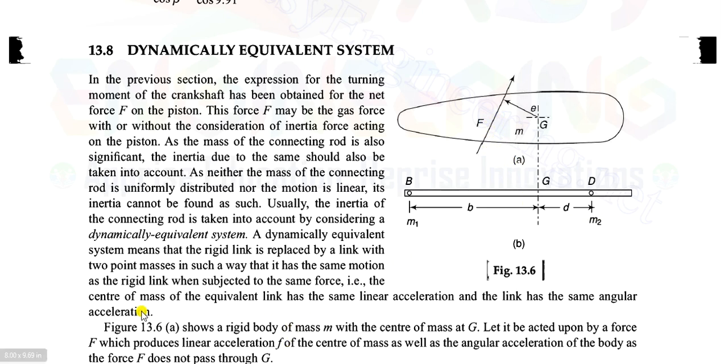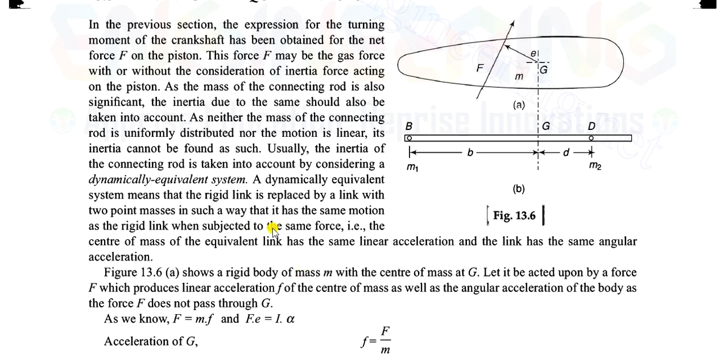The equivalent link should have the same linear acceleration and the same angular acceleration as this body under the action of this external force F. Now this is the definition, but what conditions do you need before we call this a dynamically equivalent system? For that, you will see that m should be equal to m1 plus m2.